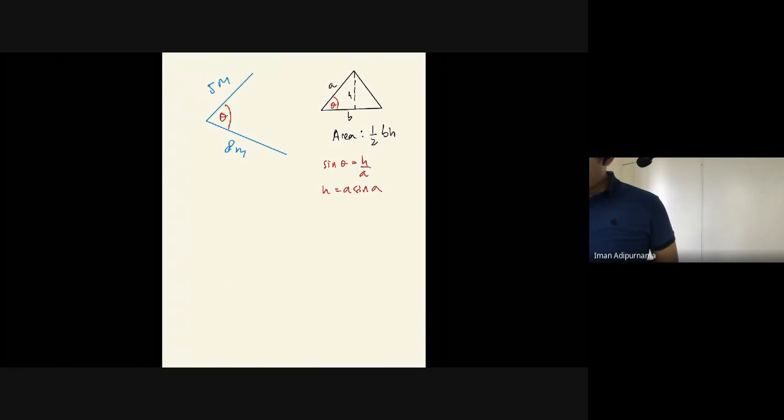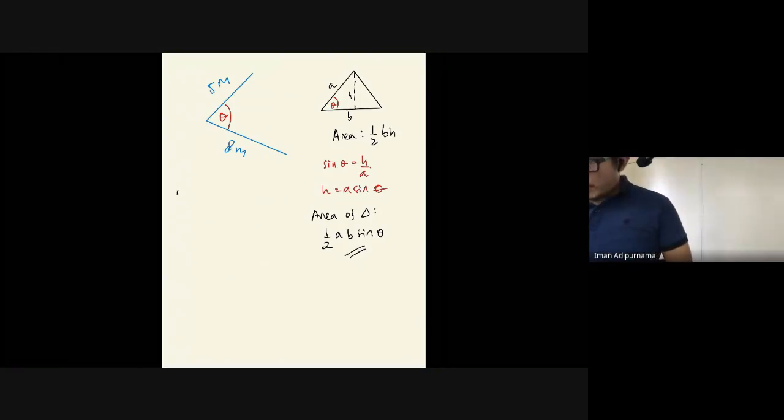Okay, so in case you are forgetting how to get the area, the area of a triangle is half a b sine theta. Why a? It's theta. Okay, so you get this one, and then just differentiate this.